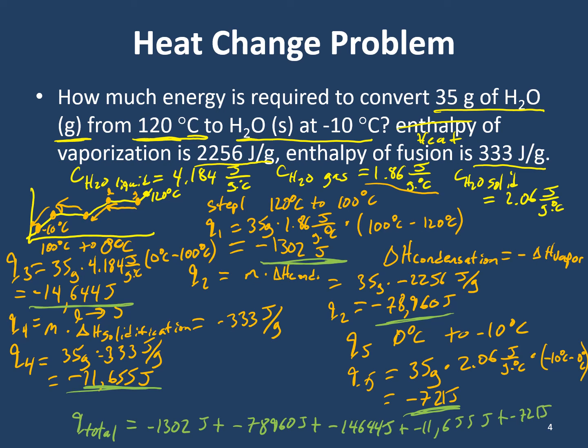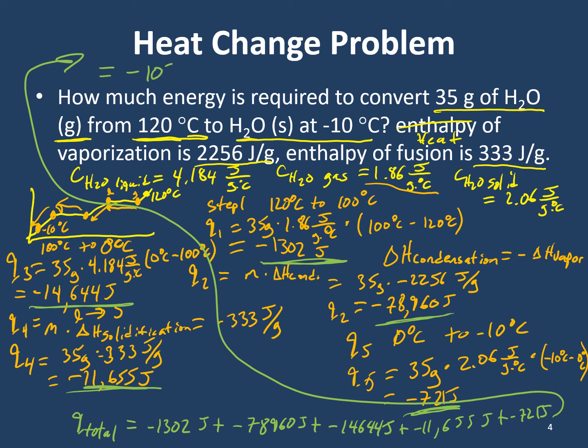And this all equals my total amount of energy that would be required. At the end of the day, this gives me negative 107,282 joules of energy. If we round this to effectively 2 sig figs, it'd be 110,000. Negative 110,000 joules of energy would be required to do this.